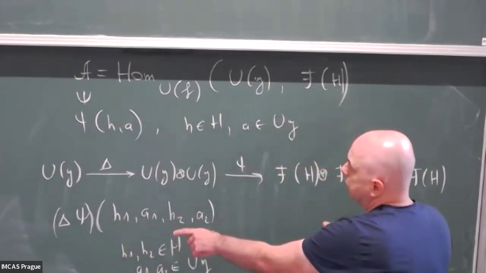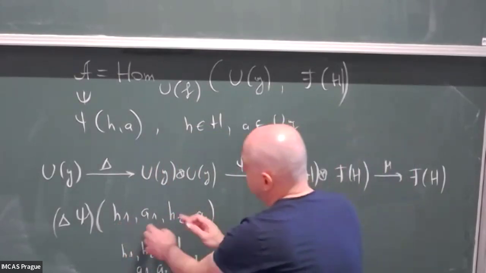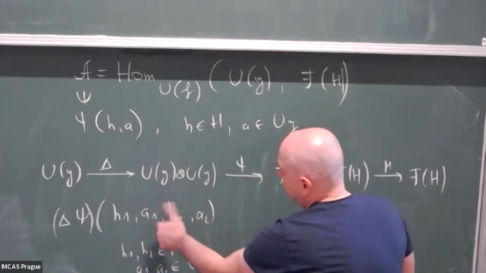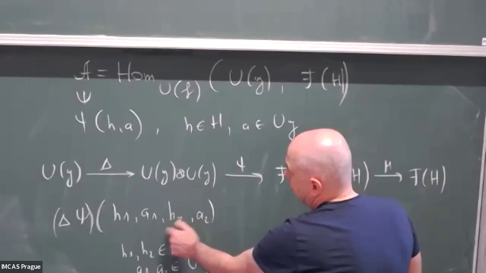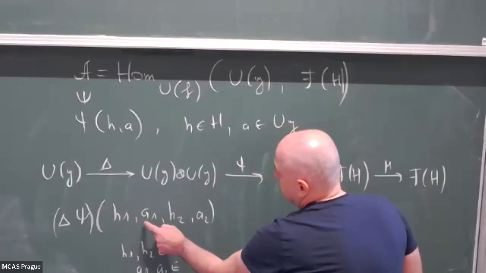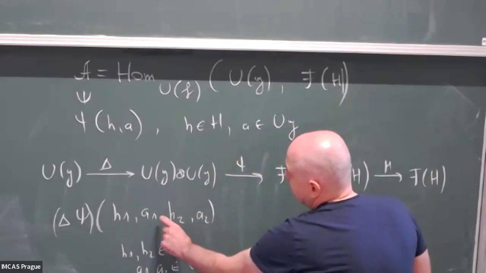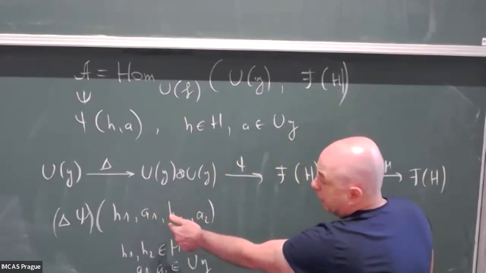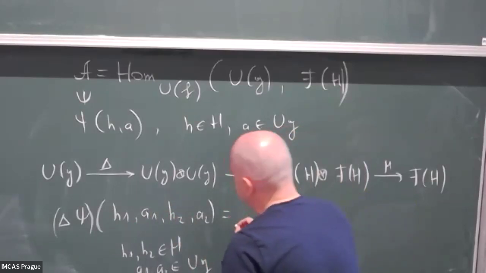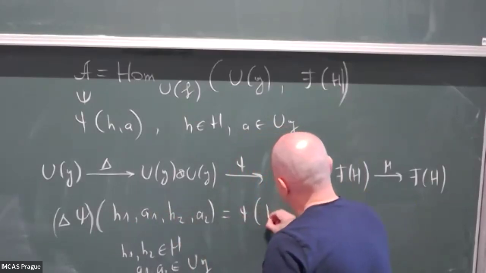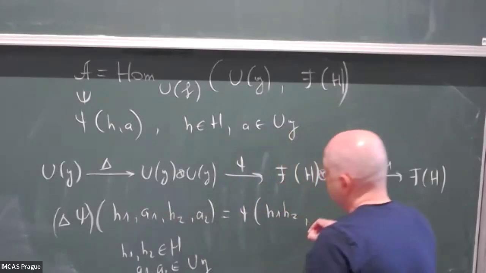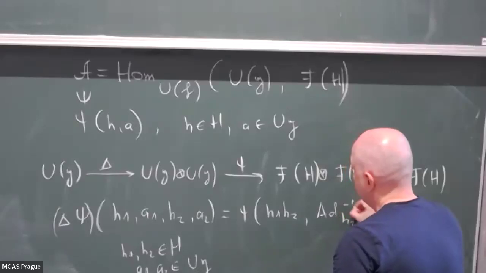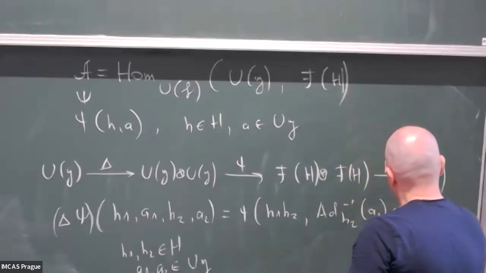It looks a little bit weird, but the idea is very simple. We are trying to multiply h1, a1, h2, and a2, whatever it means, and then try to exchange a1 and h2. How will it work? If you multiply a1 with h2, it's the same as h2 with h2 inverse applied to a1. And this gives the right answer. This is psi applied to h1 h2, but now everything makes sense. So this is h2 inverse applied to a1, times a2.